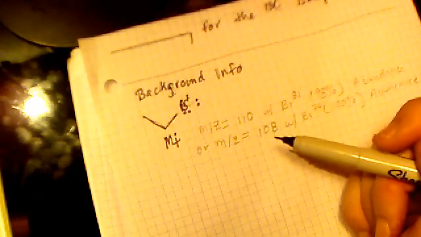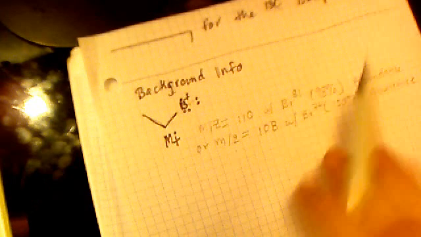There's bromine 81, and that makes up 98% of all bromine molecules. And then there's bromine 79, which makes up 100%. These are just ratios to each other.